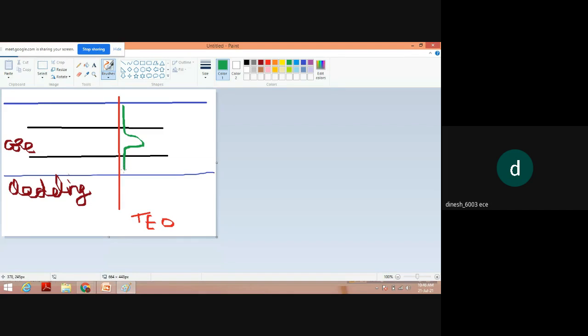The field pattern has 0 crossings, so the optical wave that travels will have maximum field in this region, which I'm drawing in yellow color. This region will have maximum field propagation.